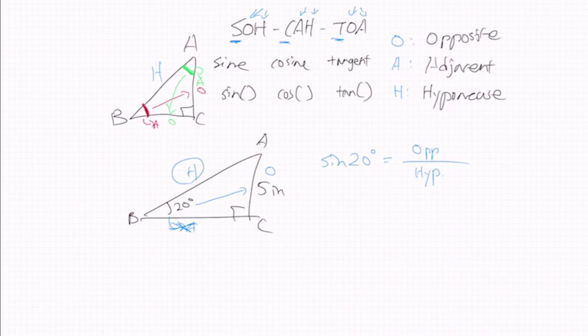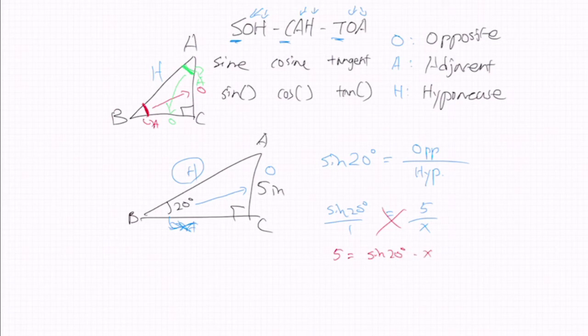We know the opposite is 5 inches. So we have sine of 20 degrees is 5 over the hypotenuse that we don't know. I'm just going to put x. How should we find x then? Well, we can put sine of 20 degrees over 1 and use cross multiplication and get 5 is equal to sine of 20 degrees times x.